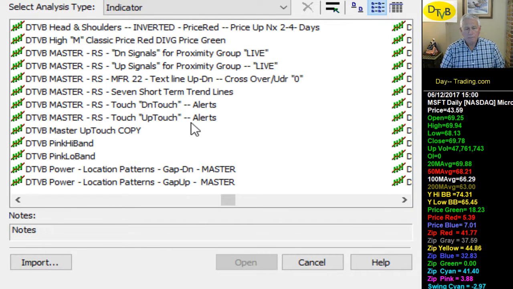Here are some of the master things for the radar screen. Here's the 22. Each one of the 22 is entered separately, but this is the master line for the crossover and cross under of those indicator lines.